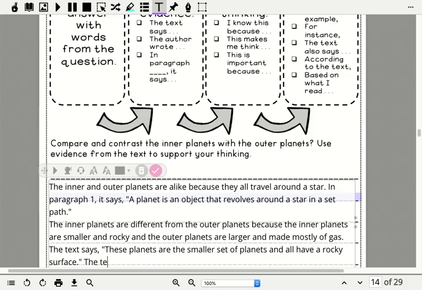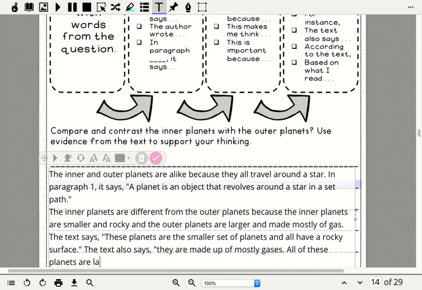Okay, now I'm going to say the text also says, okay, and I'm going to quote from the third paragraph, okay? I'm going to say they are made up of mostly gases. All of these planets are large.